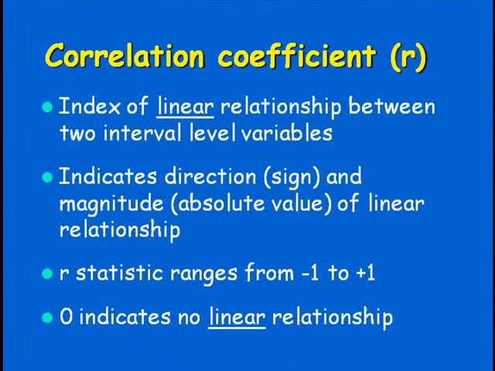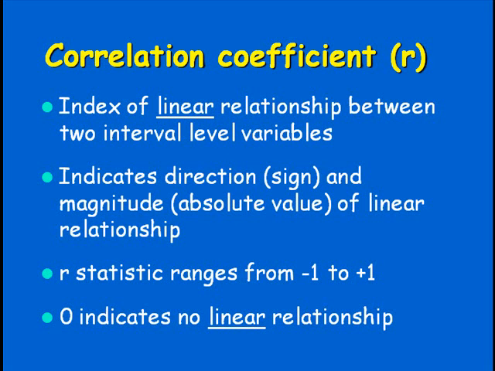When we talk about validity and reliability, a lot of times we measure that using the R statistic. It's called the correlation coefficient. The correlation coefficient is an index of a linear relationship between two interval variables. Our statistic ranges between -1 and +1.